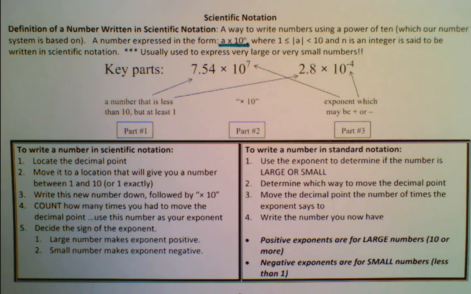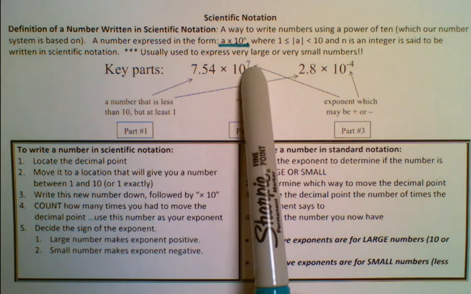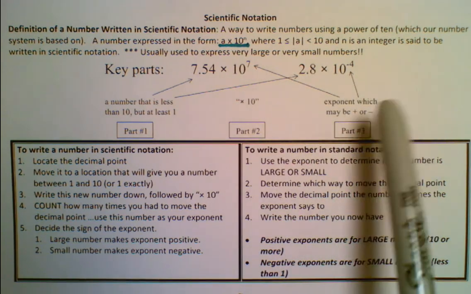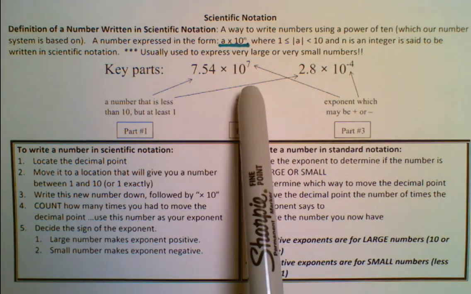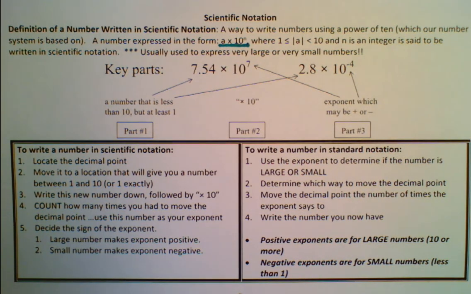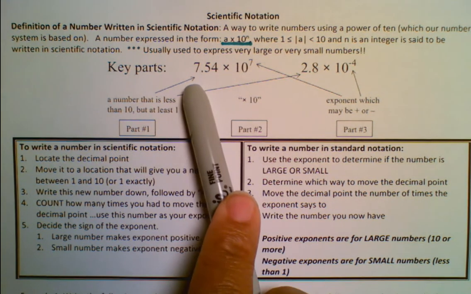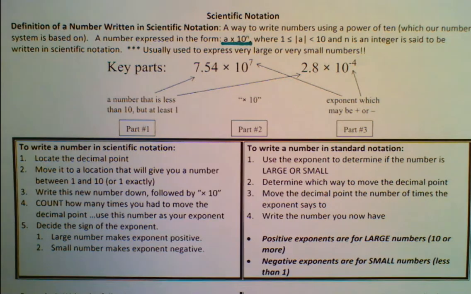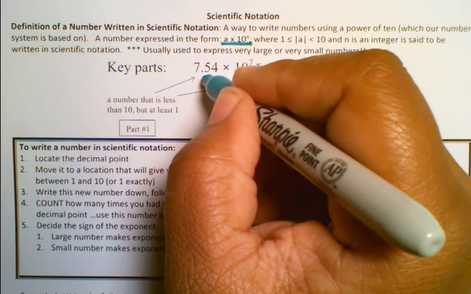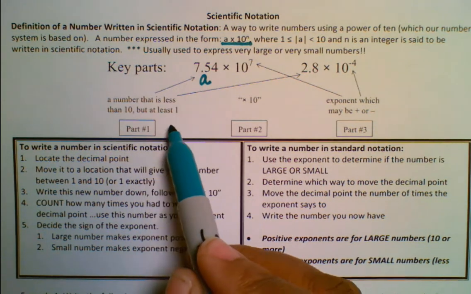So scientific notation is usually used to express very large or very small numbers. Here are two examples of scientific notation: 7.54 times 10 to the seventh, and this would be your A, the decimal part. It says a number that is less than 10 but at least 1.